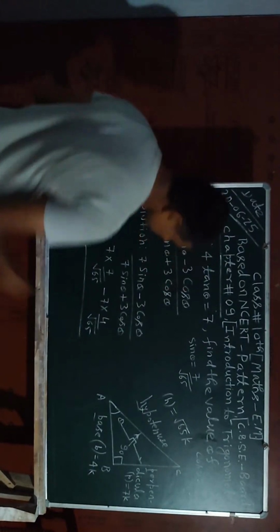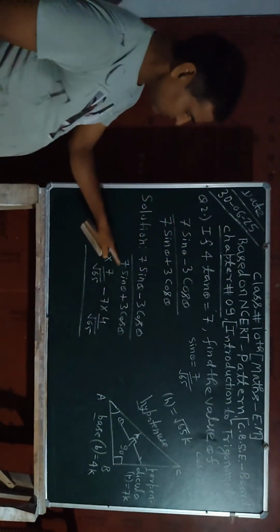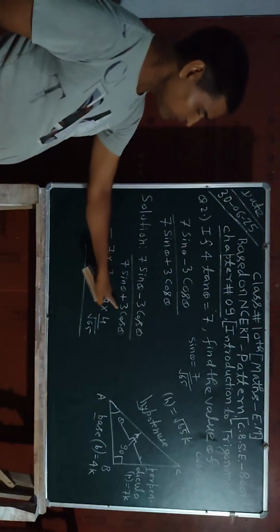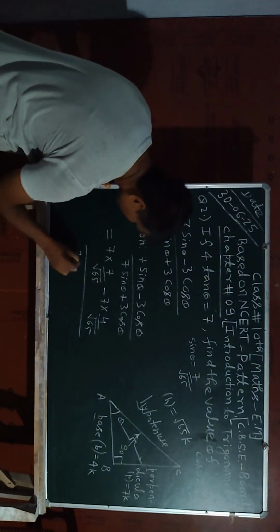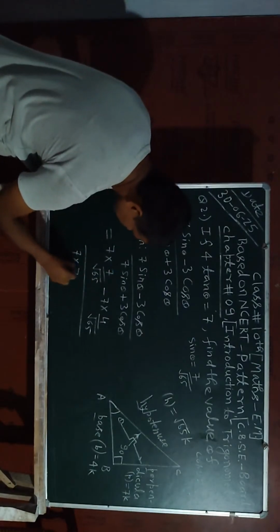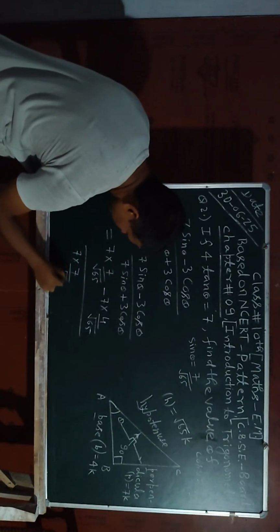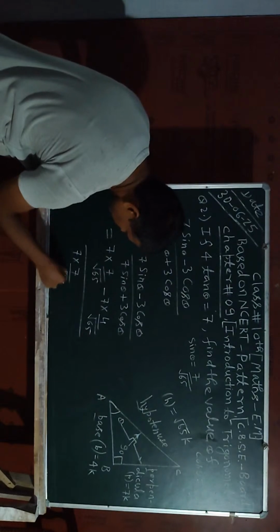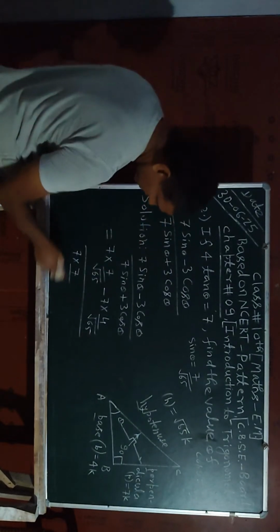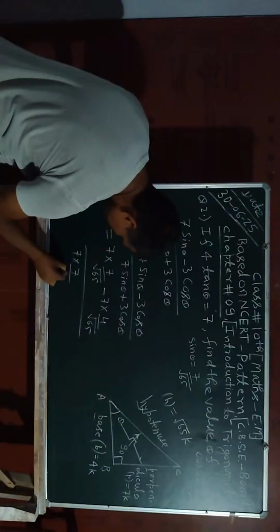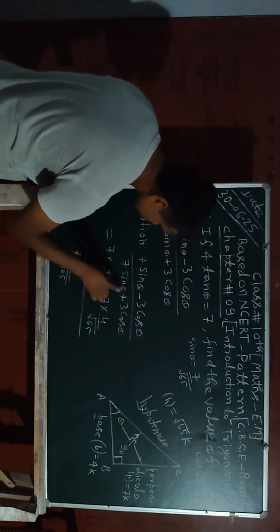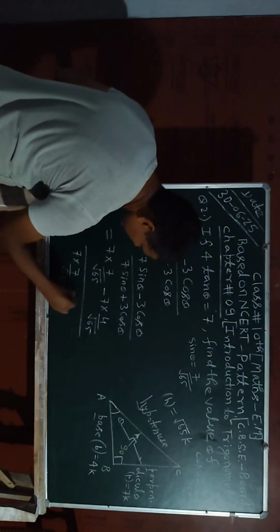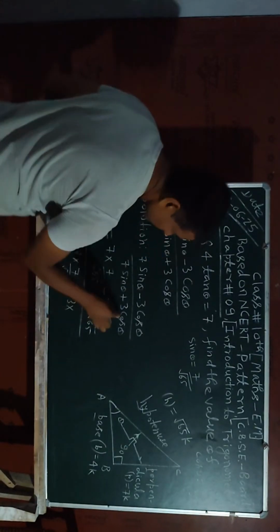Similarly, I will put the value of 7 sin theta plus 3 cos theta. So here I will put 7 into the value of sin theta, which is 7 divided by root 65. I will write root 65 properly here. And here plus sign again, so I will put plus and then 3 into the value of cos theta.